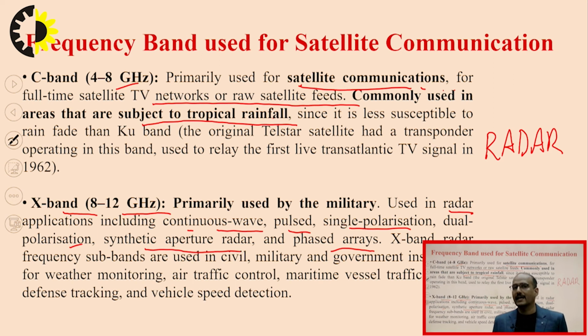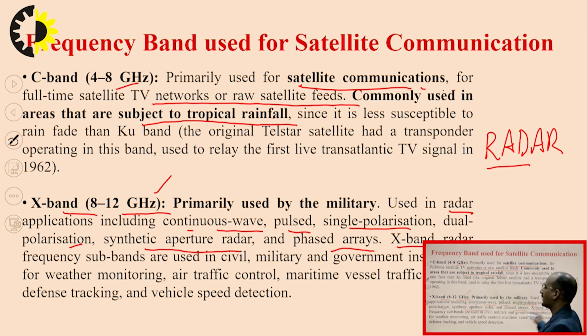Radar receives that particular electromagnetic wave which it transmitted, and then calculates the time to go and come back to the radar, and as per that time the distance and location of that object are identified. So this is basically radar, and there are various kinds of radar used in the military, and all these radars are basically using this X band, the 8 to 12 gigahertz frequency band.